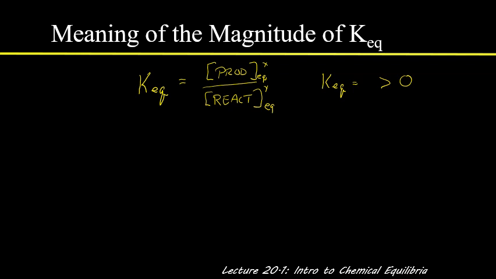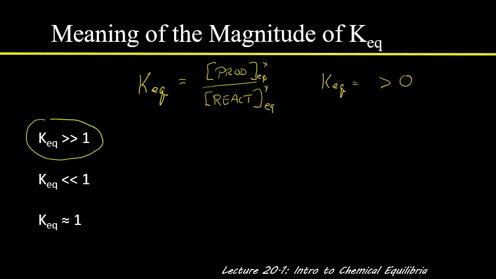And I want to talk about what that means. There are basically three different possibilities. The first one is that the equilibrium constant is much, much bigger than 1, things like 10 to the 6, 10 to the 20, 10 to the 30. Very, very large numbers.